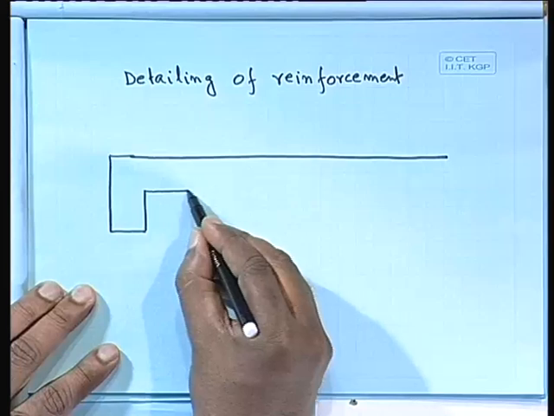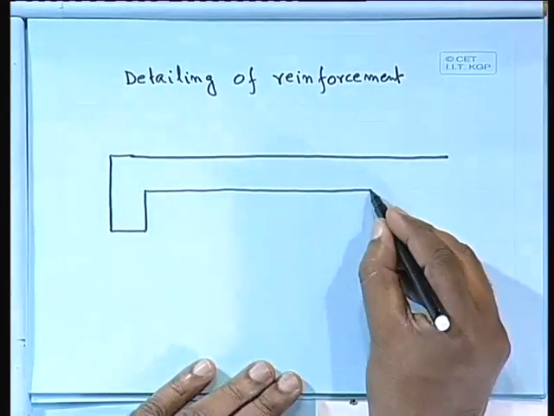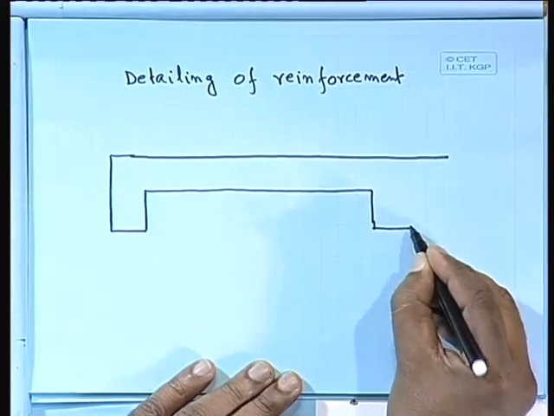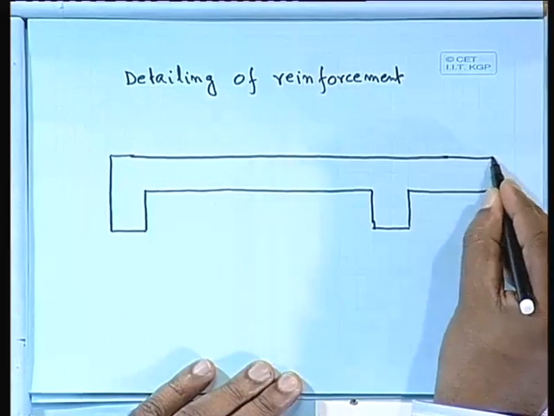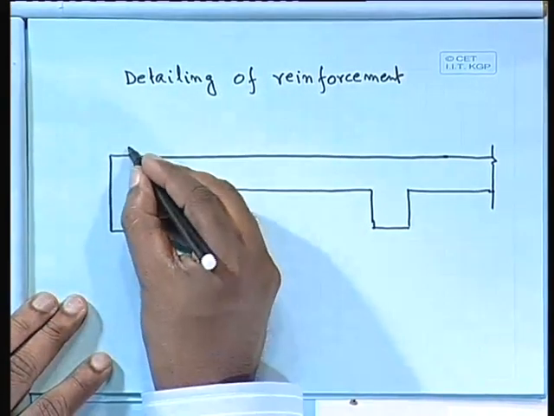Let us say this is a beam slab cross section. And let us give a center line.